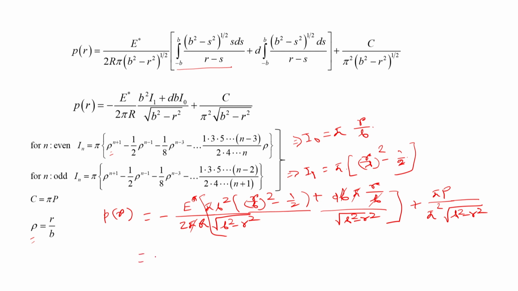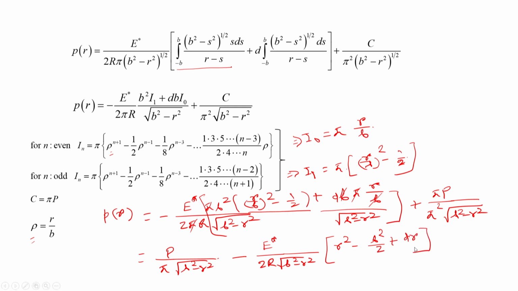So, finally, it will come out to be, let us say, p over pi into square root of b square minus r square, and then minus it will be E star by 2 r square root of b square minus r square, okay, into here it will be b square, so r square minus b square multiplied by that. So, it is b square by 2, it is plus d into r, and that is it. So, like that.